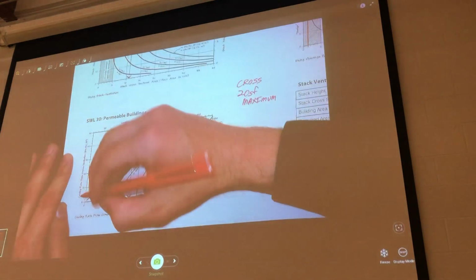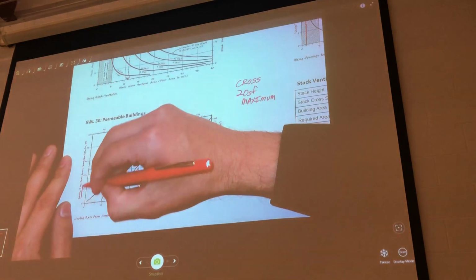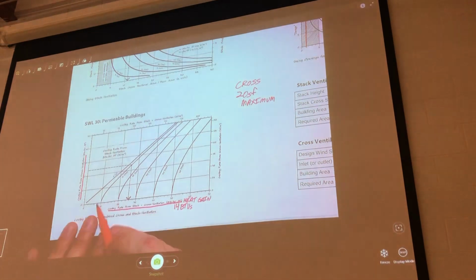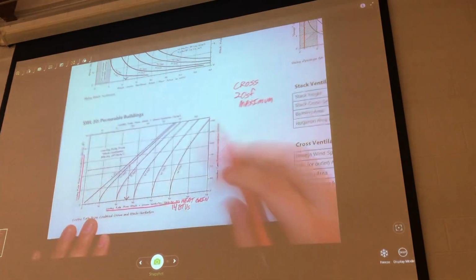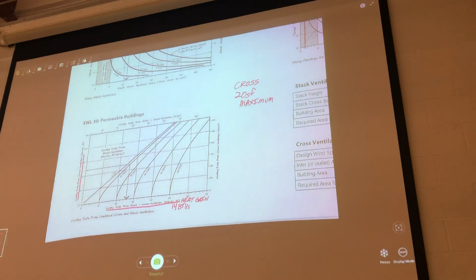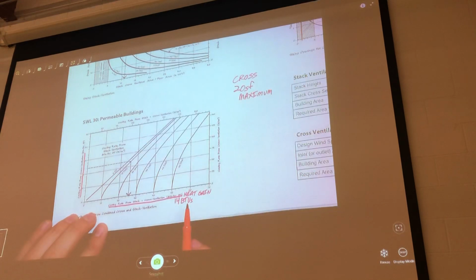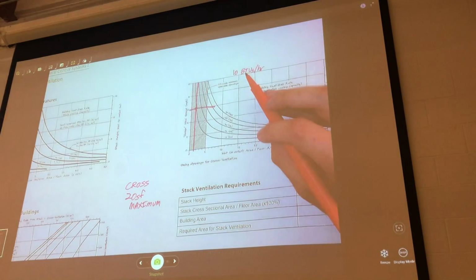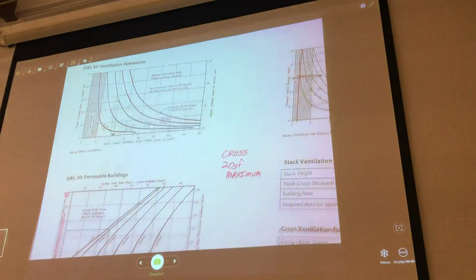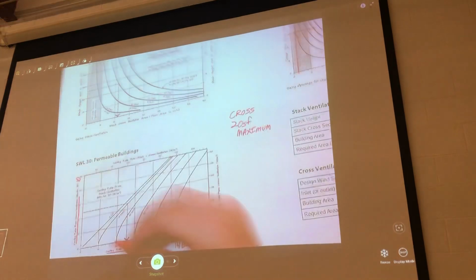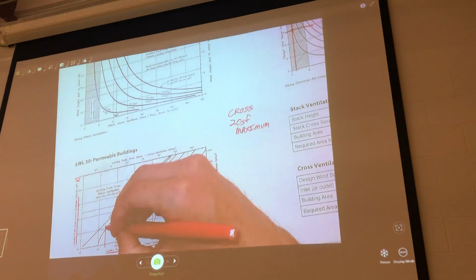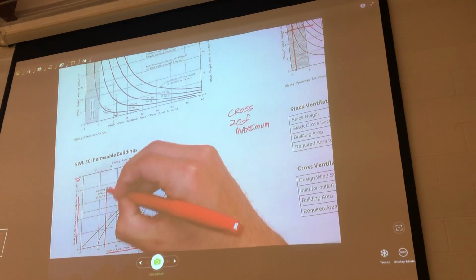Over here on the left, we have our cooling rate from only our cross ventilation. And each one of these other lines is the cooling rate for our stack ventilation. So we have our 14 BTUs that we have to get rid of. We've got our 10 BTUs that we have from cross ventilation. We're just going to draw these two lines where they intersect.